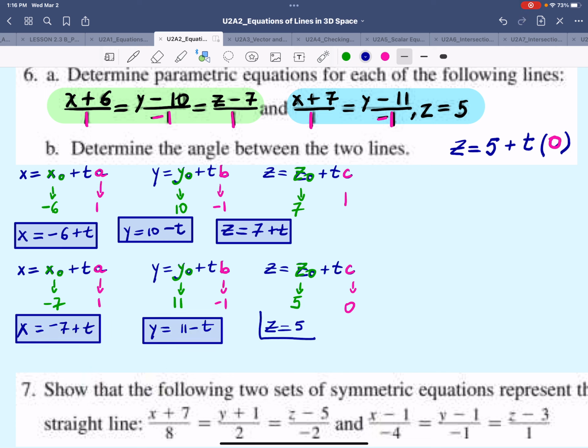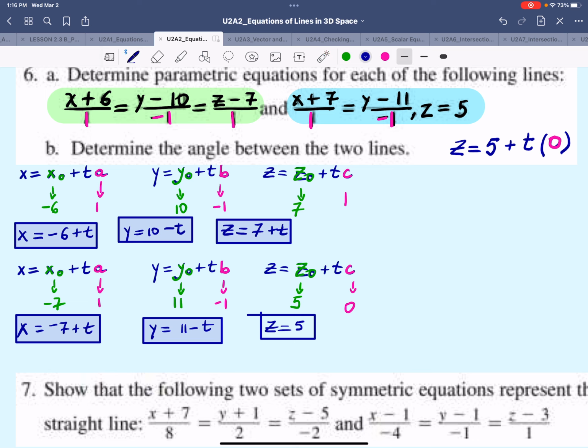Now the next question is asking to determine the angle between the two lines. Remember that each line is described by, or has, a direction vector. And the angle made between two lines is the same as the angle made by the direction vectors.